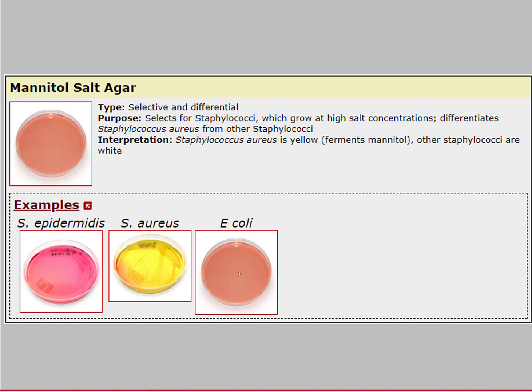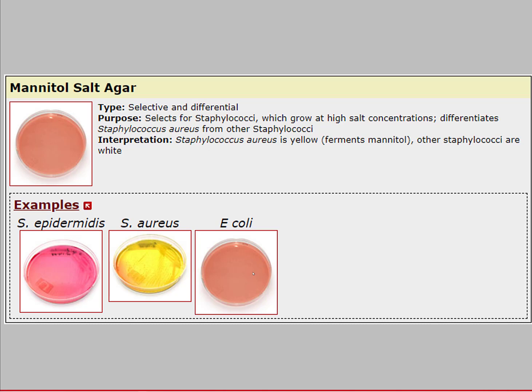The selective and differential: the differential is the color change, and the selective nature is that it grows or doesn't grow. I'll say that again, these are the only two that we really focus on in terms of a diagnostic lab. The selective, we don't grow or we do grow, usually depending on salt or something that inhibits.